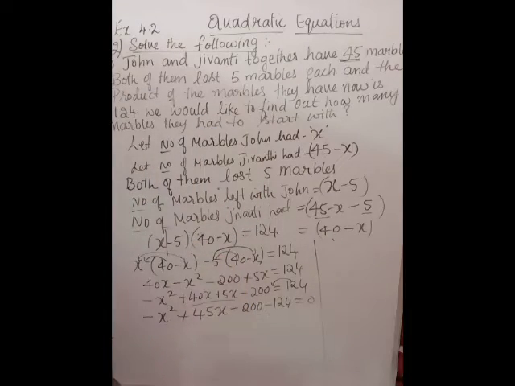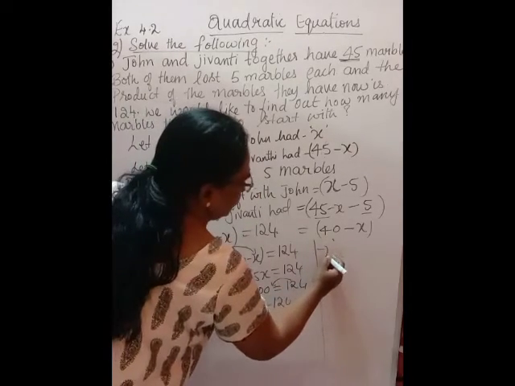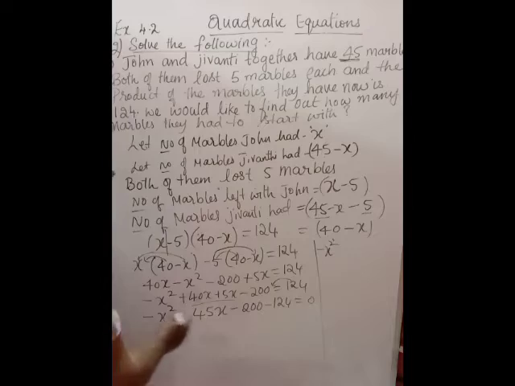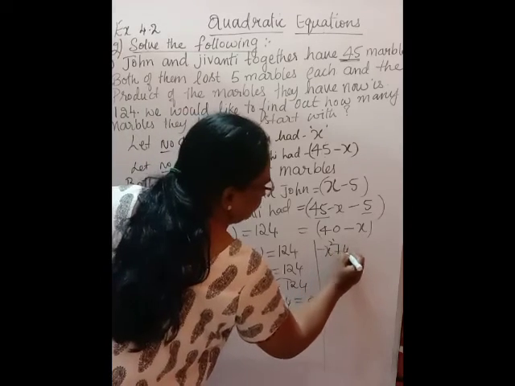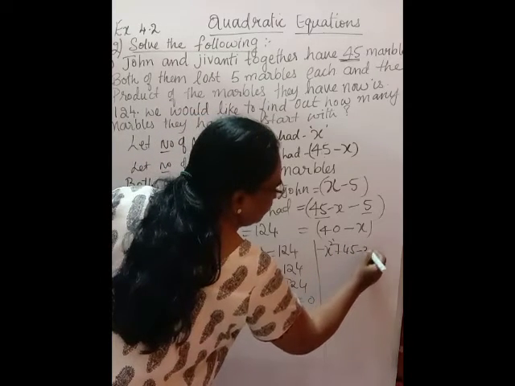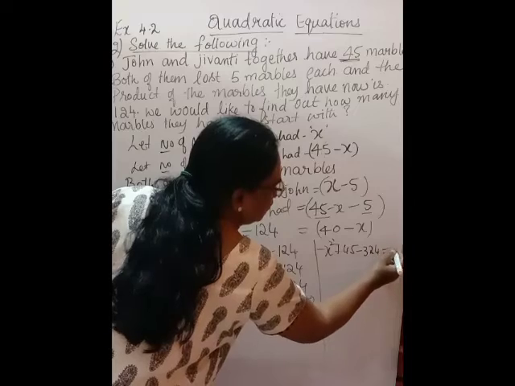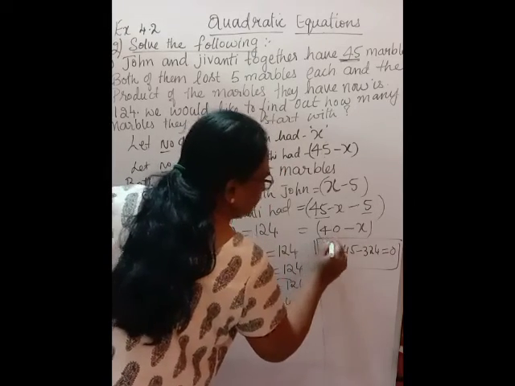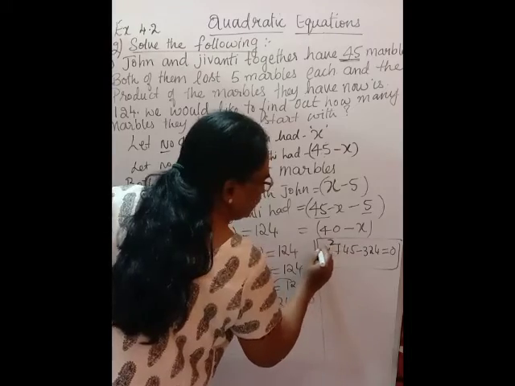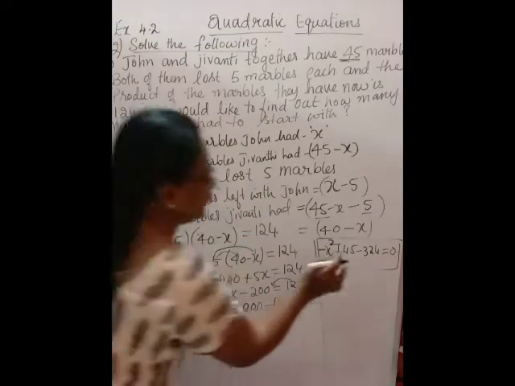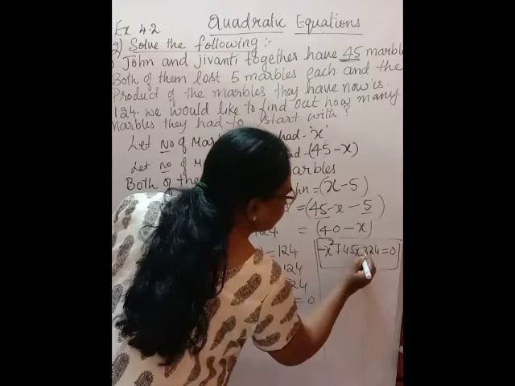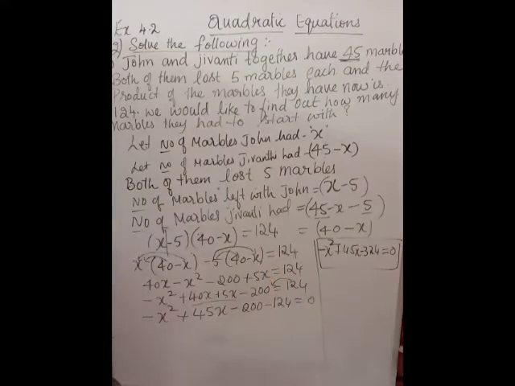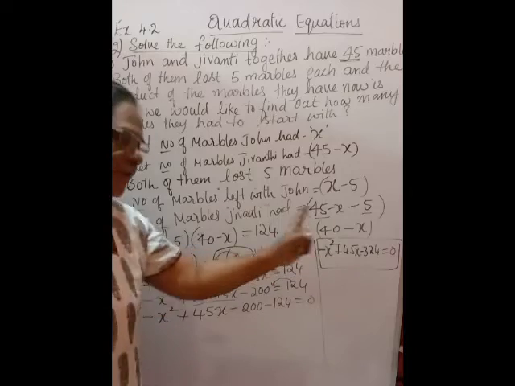Now I got the quadratic equation, that is minus X square plus 45X minus 324 is equal to 0. This is the required quadratic equation.